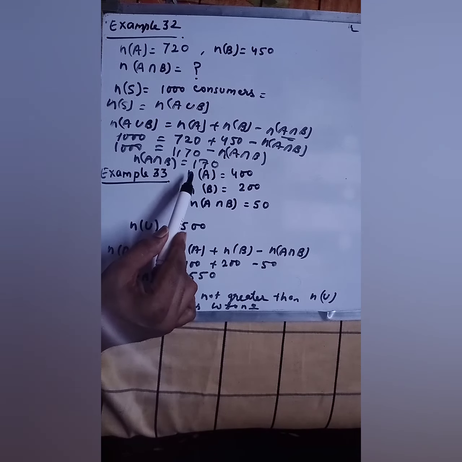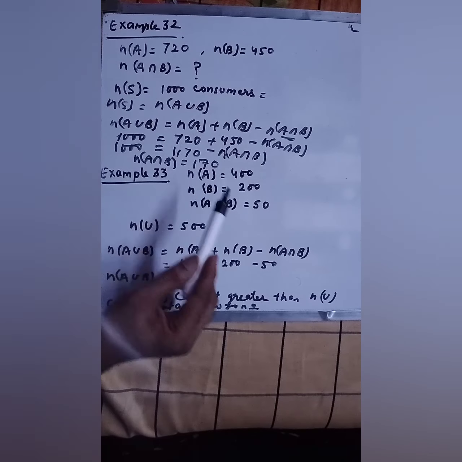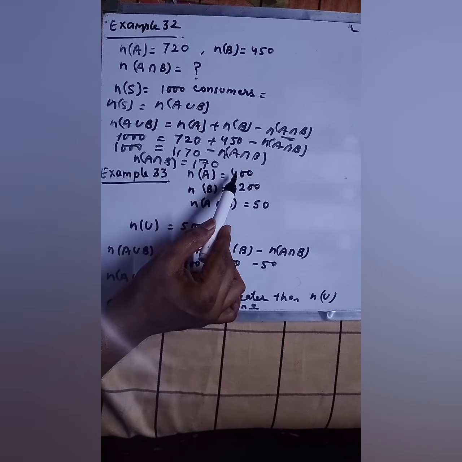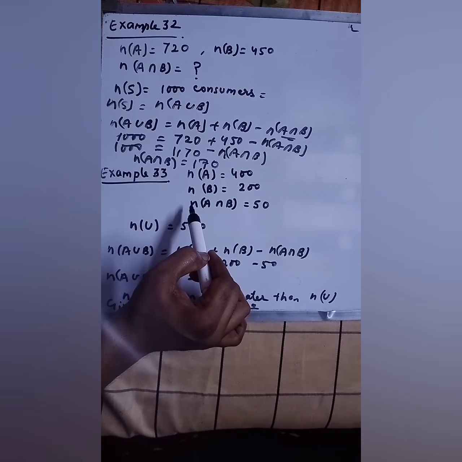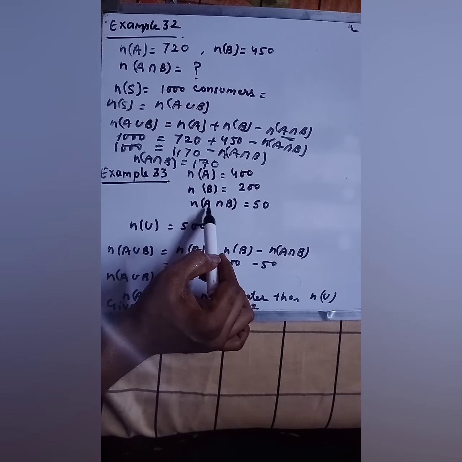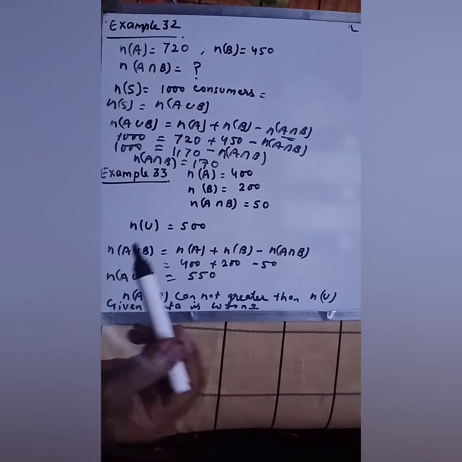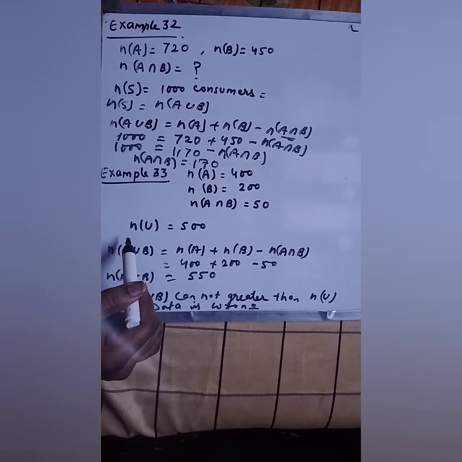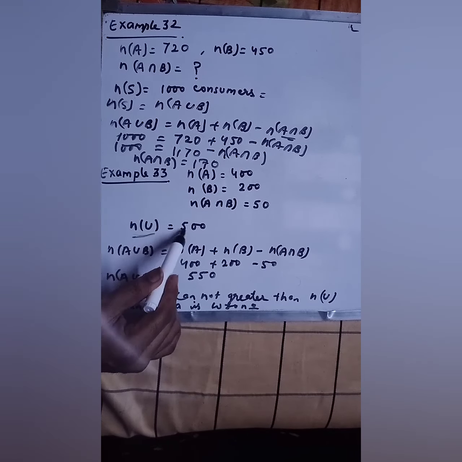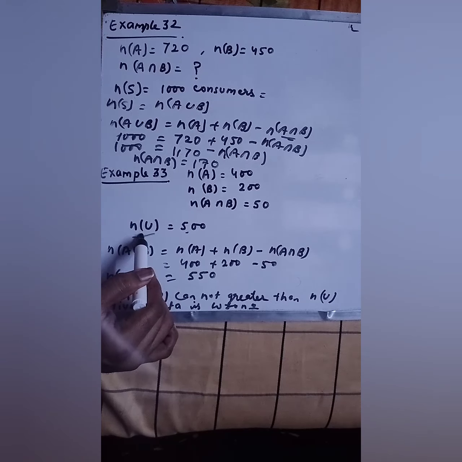In this data, out of 500 car owners investigated, 400 own car A. So n(A) is 400, and 200 own car B, and 50 own both A and B. So the intersection is given to us, and our total investigation was 500. Now we have to check this A union B.